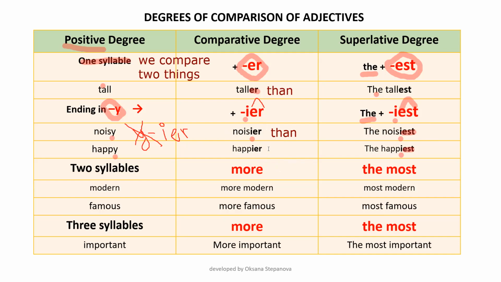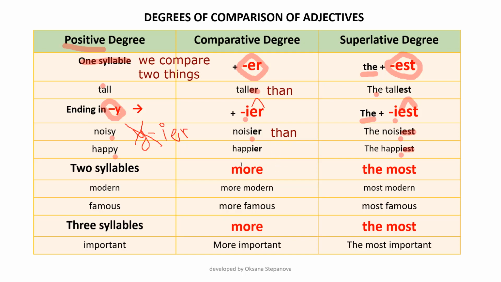My love is happier there. Or my life was happier before something happened. So not always do you need than, but normally yes. In most cases. However, depending on the context, you may not need than.